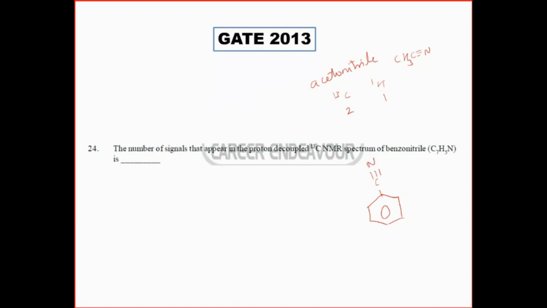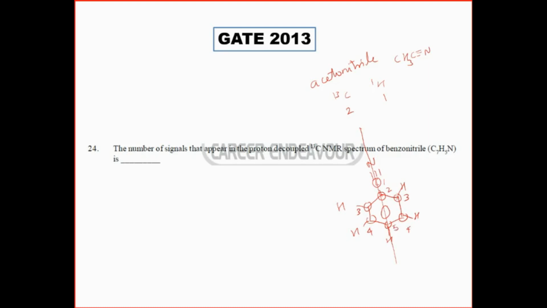Tell me how many carbon signals? Cut the molecule. 5. How many carbon signals? 5 carbon signals. So 1, 2, these 2 are the same so 3, these 2 are the same so 4, and this is 5.